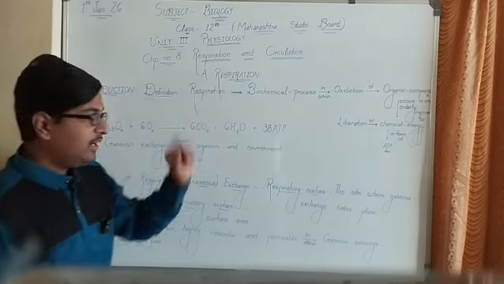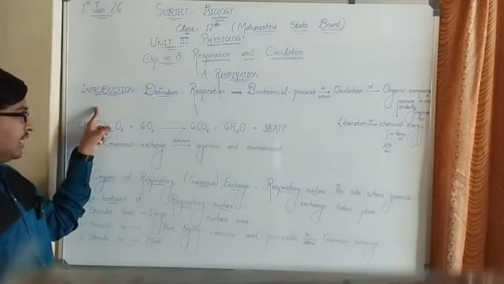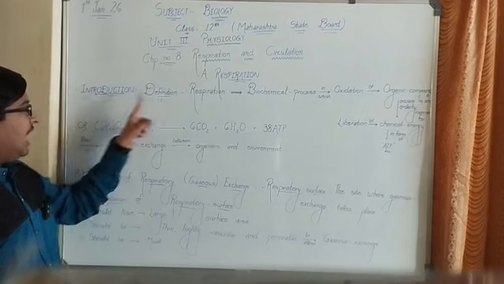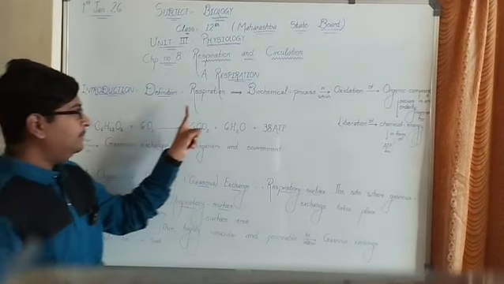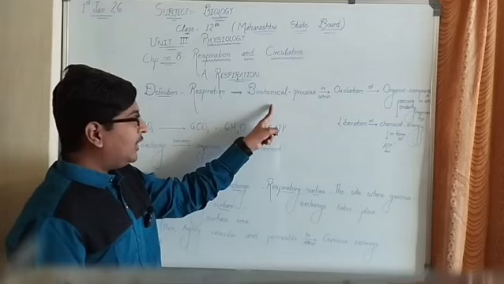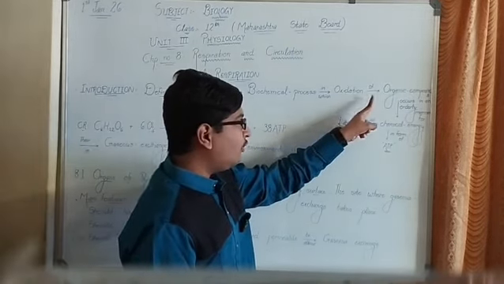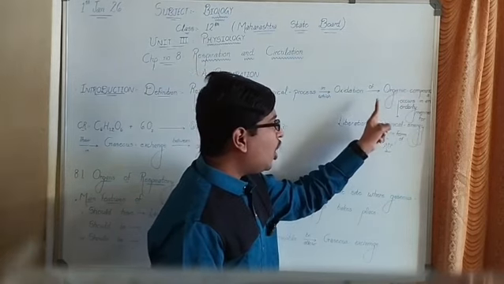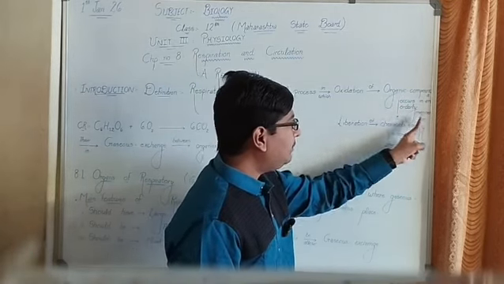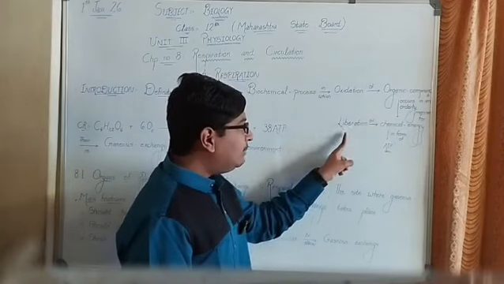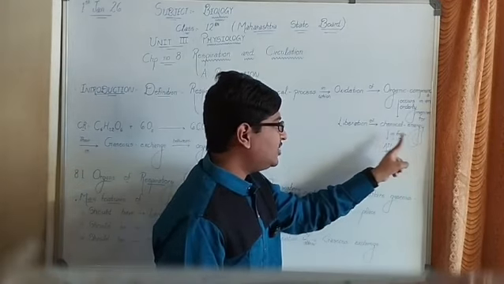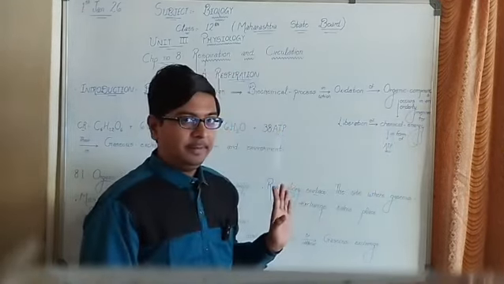So A, respiration. I'll start with the introduction itself. The definition of respiration: Respiration is a biochemical process in which oxidation of organic compounds occurs in an orderly manner for the liberation of chemical energy in the form of ATP.